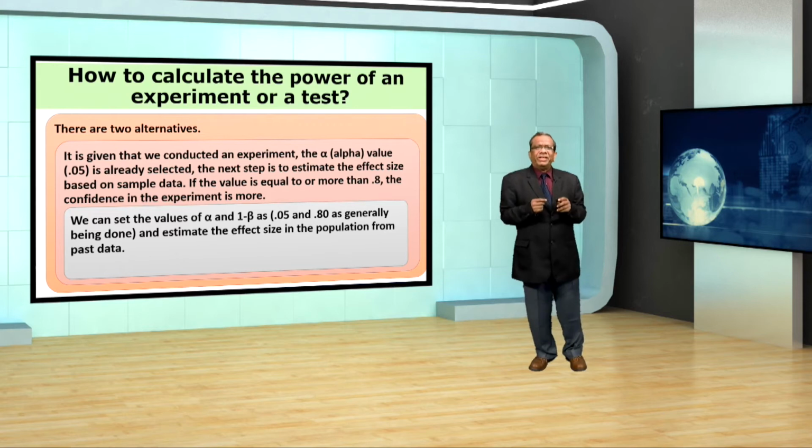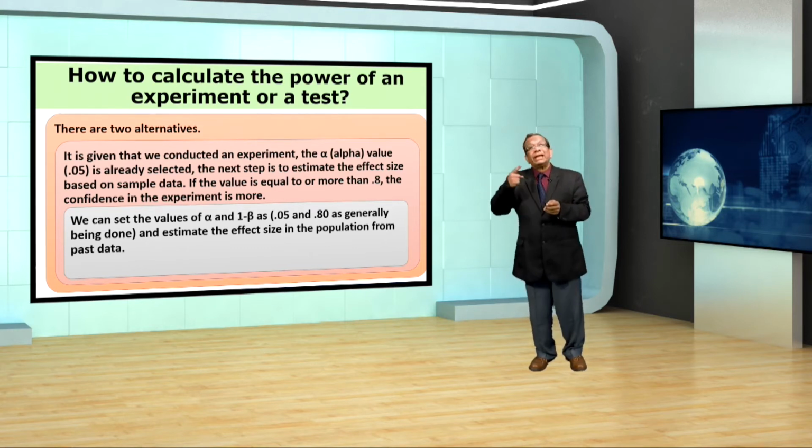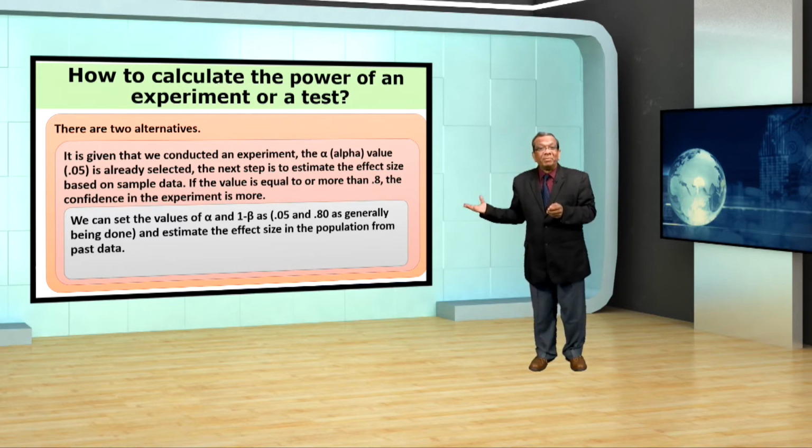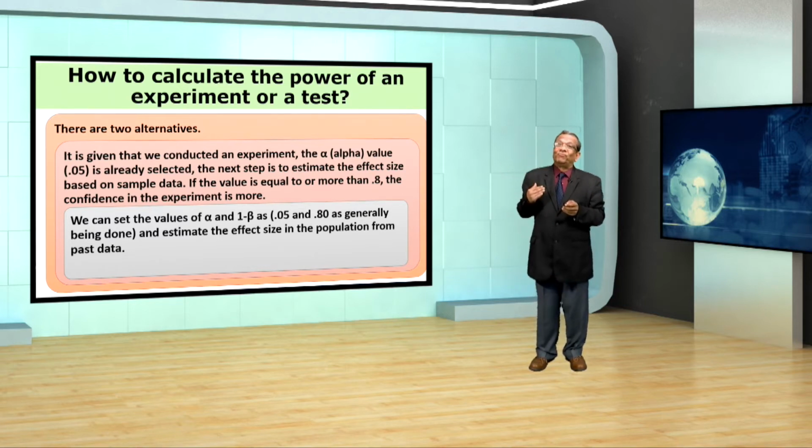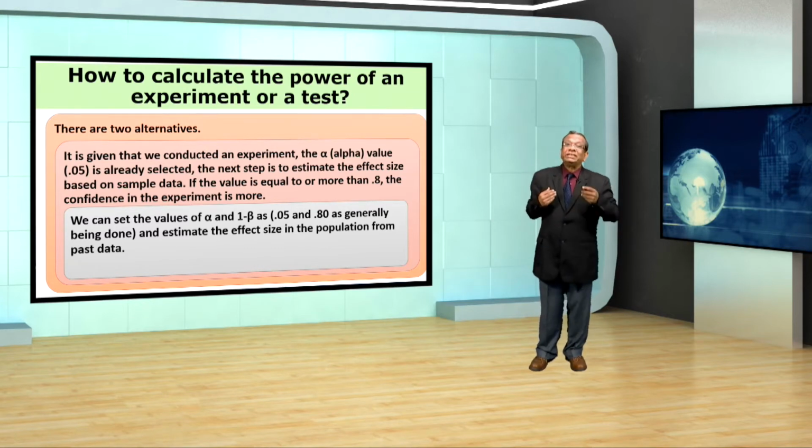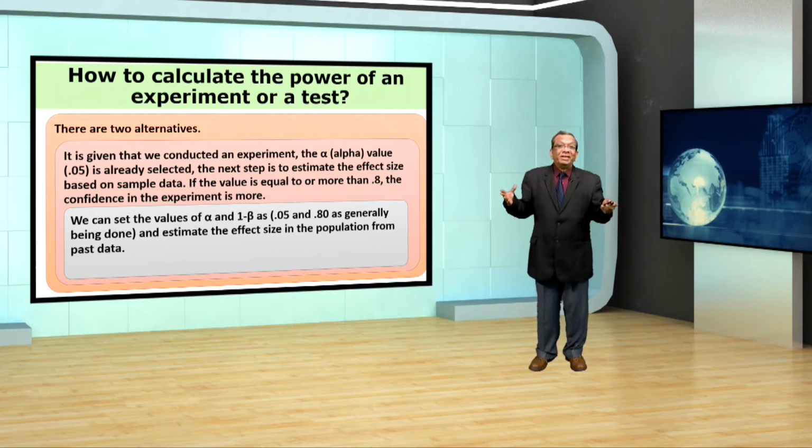In reality, you can estimate the power a priori, that is, before doing the test, or you can conduct the experiment and then find the power, that is a post hoc test. In the process, you will be able to identify the difference very easily.